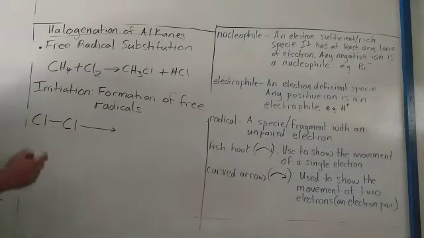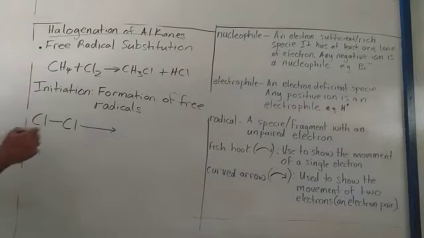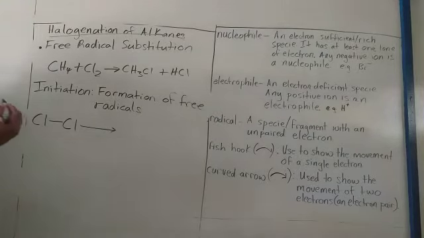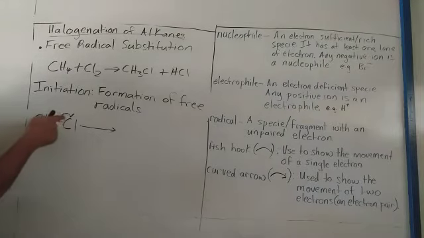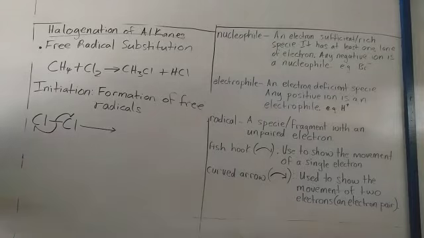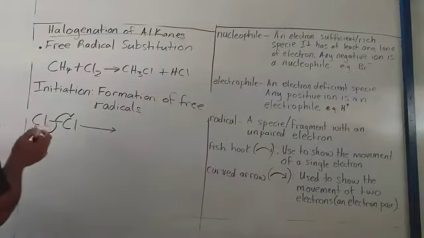If the bond is going to break, how will it break? Both atoms are the same, that means they have the same electronegativity, therefore it will break homolytically. So this chlorine atom gets 1 electron, this chlorine atom gets 1 electron. If you draw a curved arrow, it's wrong. You have to use a fishhook.